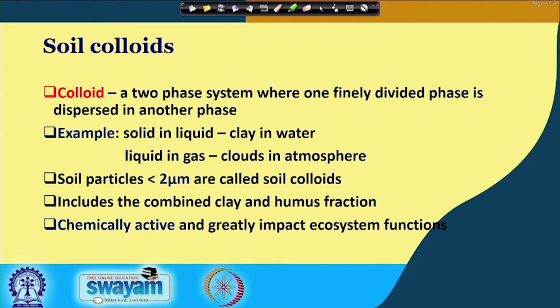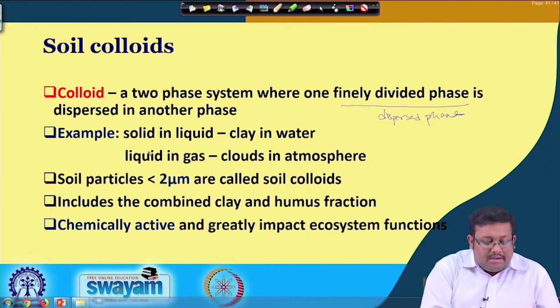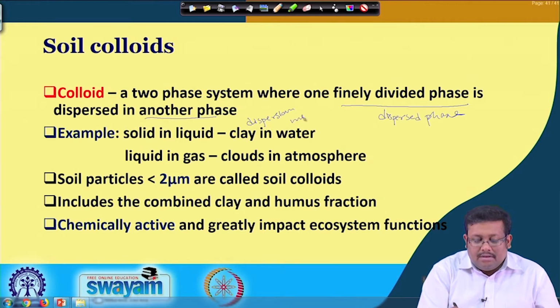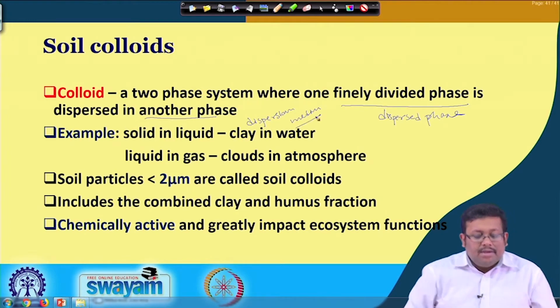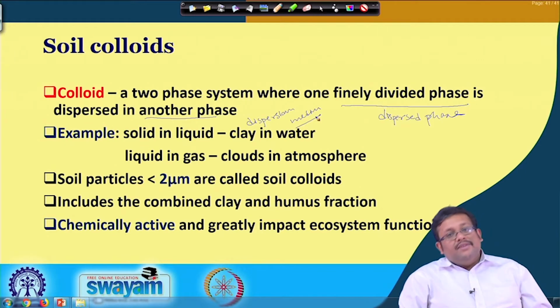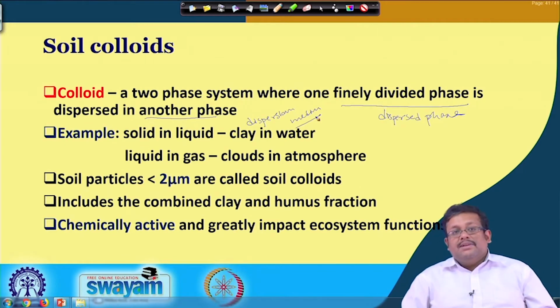The finely divided phase is called the dispersed phase, and the other medium is called the dispersion medium. So a colloid is basically a two-phase system where a dispersed phase is dispersed in a dispersion medium.